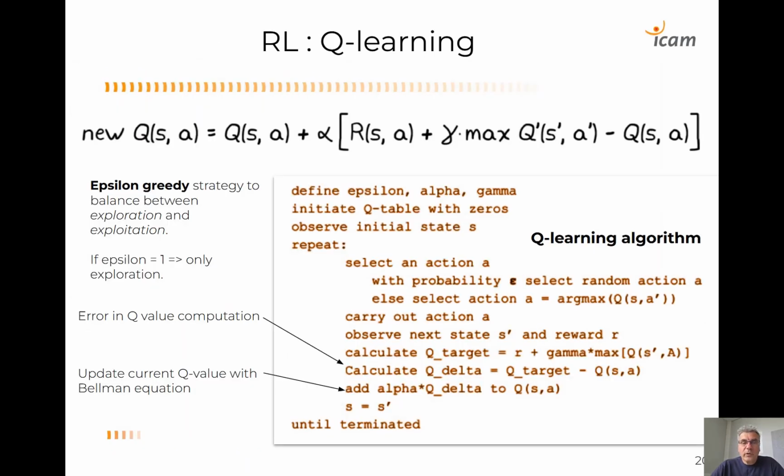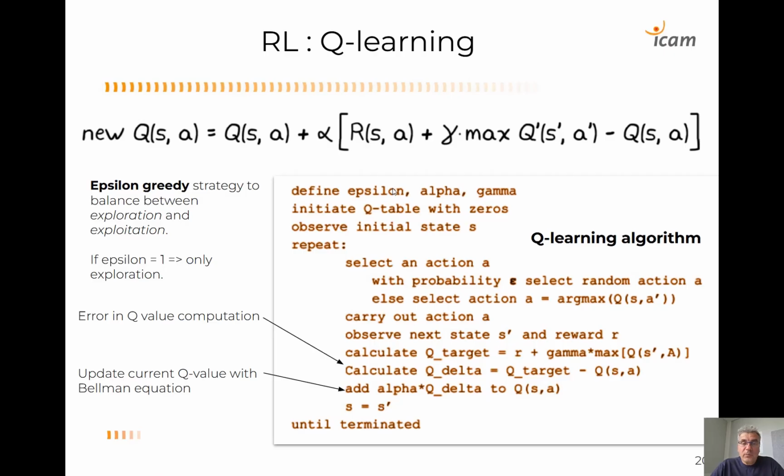So now we are going to see the algorithm which is used to do the Q learning. Q learning is to learn the Q values of the Q table with the help of the Bellman equations. So we first define 3 constants.